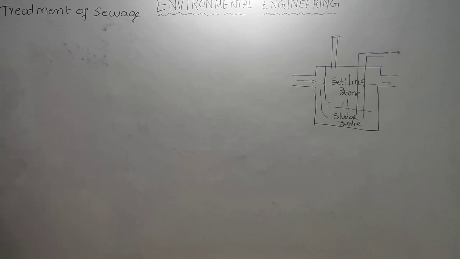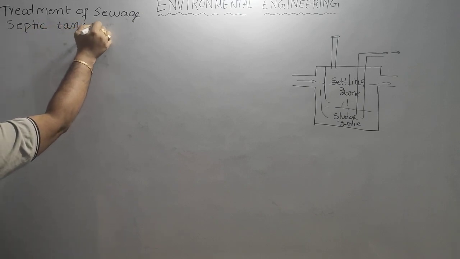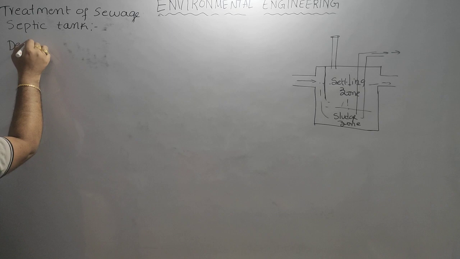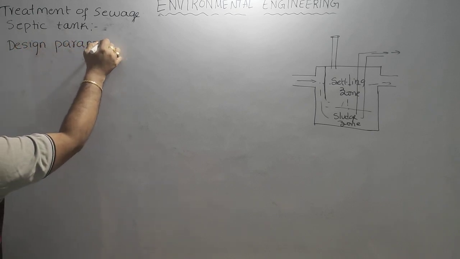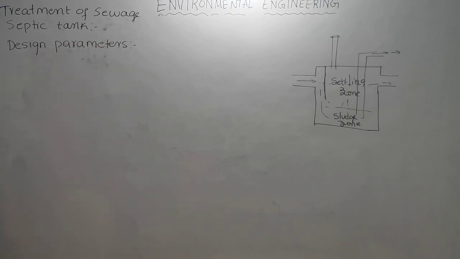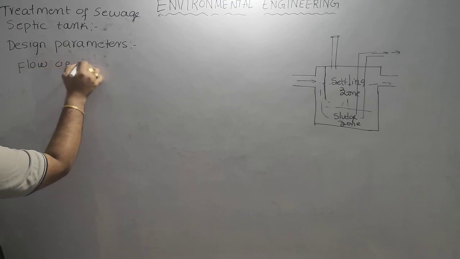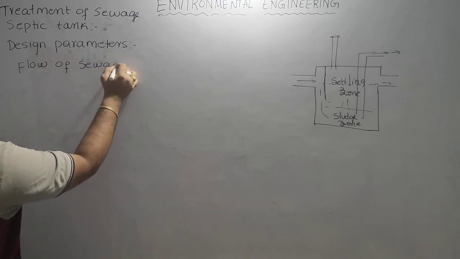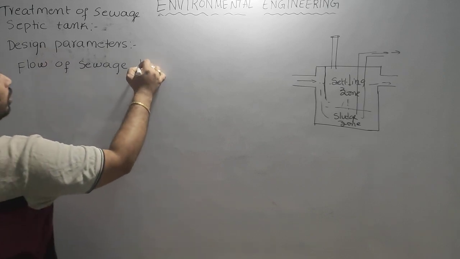Design parameters: the flow of sewage will be around 40 to 70 LPCD.